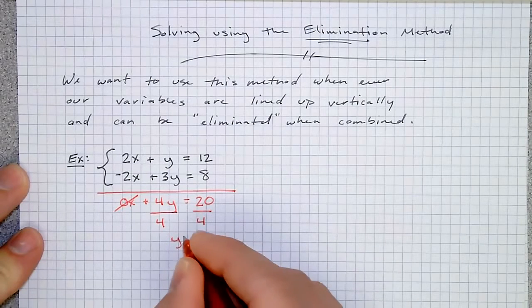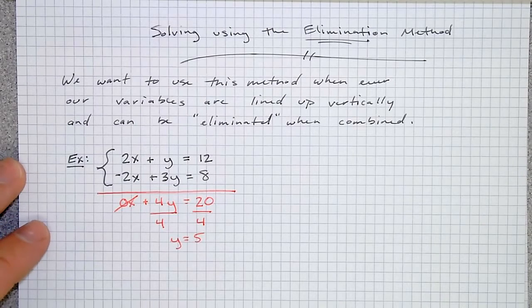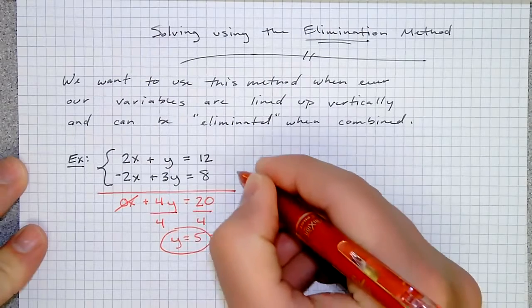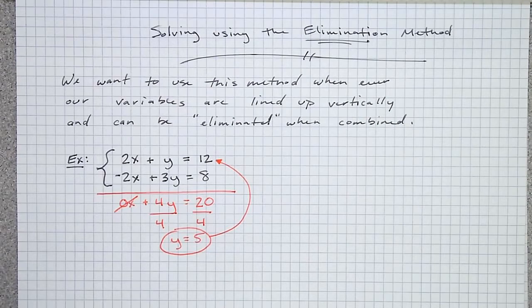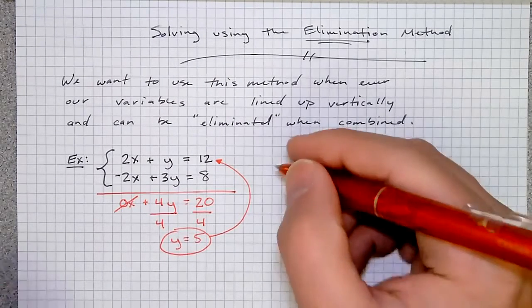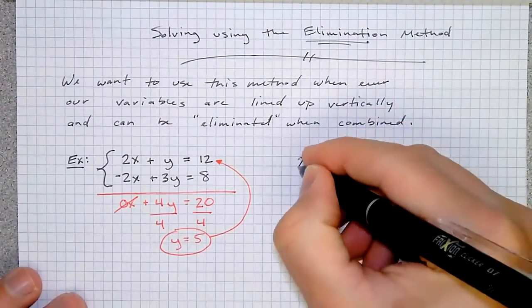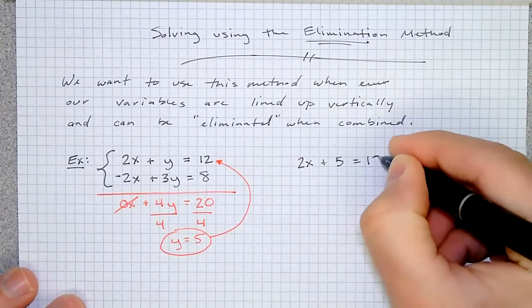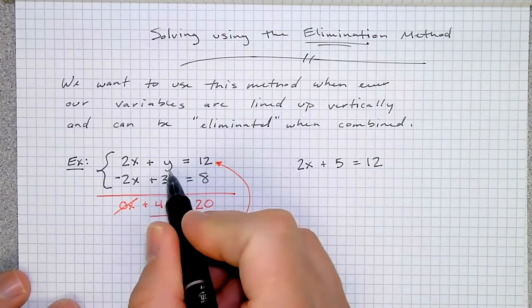Divide by 4. y equals 5. Okay, then we just got to take it again, plug it back into either one of the equations. It doesn't matter which one. And solve for x. So I just plugged it in for this y here.